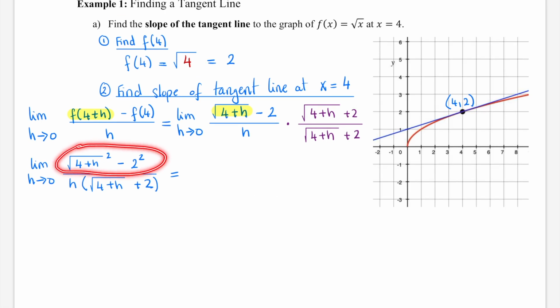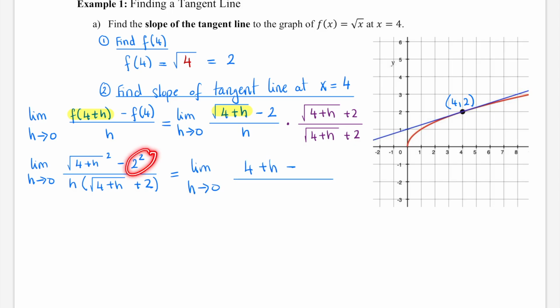From here, we need to simplify the numerator. Square root and the square cancel out. So in the numerator, I have 4 plus h minus 2 squared. And 2 squared is 4.